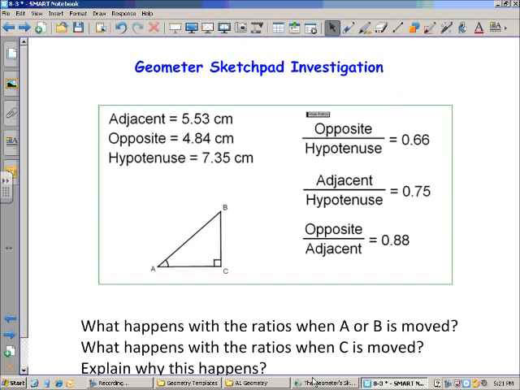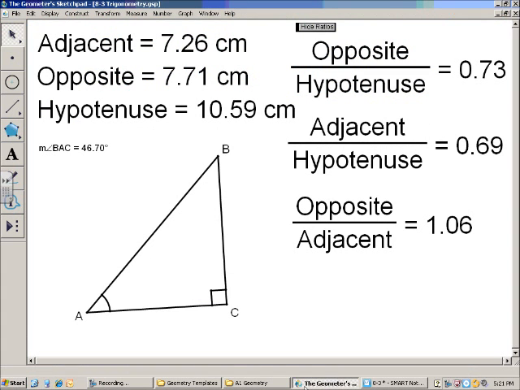Let's look at the Geometry Sketchpad file to look at this in a different way. Here is a right triangle, and I've measured the opposite over the hypotenuse ratio, the adjacent over the hypotenuse ratio, and the opposite over the adjacent ratio.